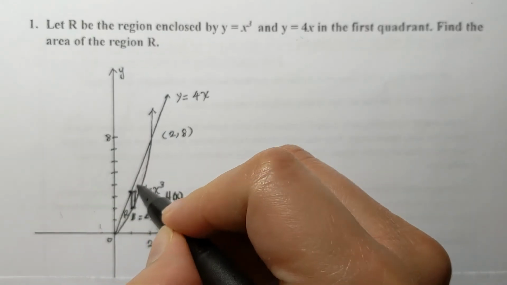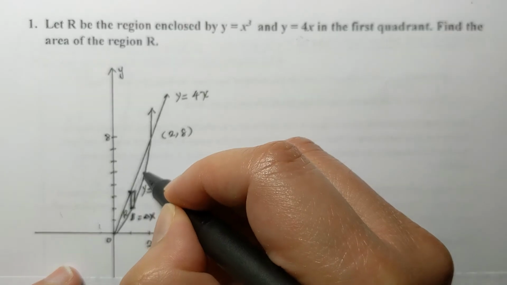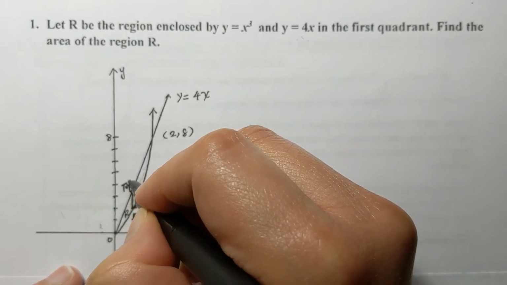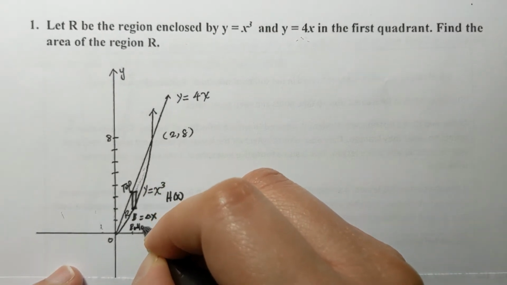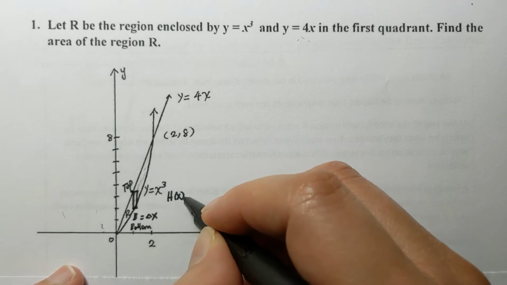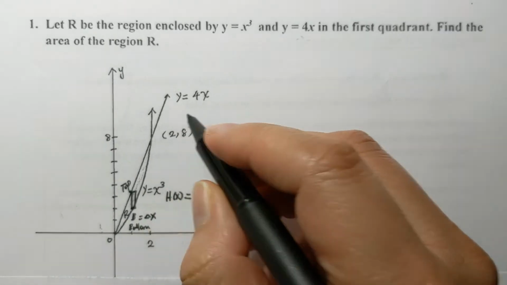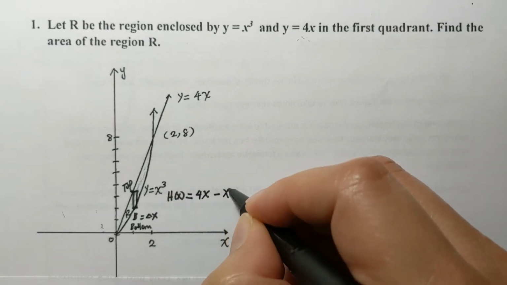It's bounded above by the top function and below by the bottom function. So here this is the top and that is the bottom. So h of x is going to be bounded by the top function, which is the line 4x, and the bottom function, which is x cubed.